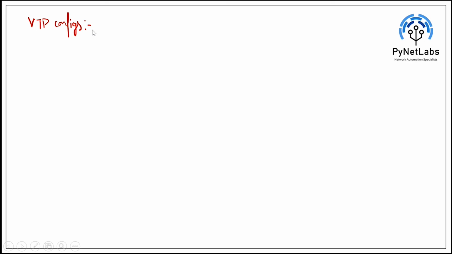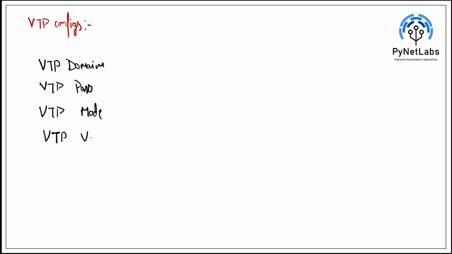The first thing which we are going to assign is the VTP domain, the domain name, then the VTP password which you are going to apply, the VTP mode, and lastly you have to apply the VTP version. You can use any sequence. It's not mandatory to use the same order which we have written.